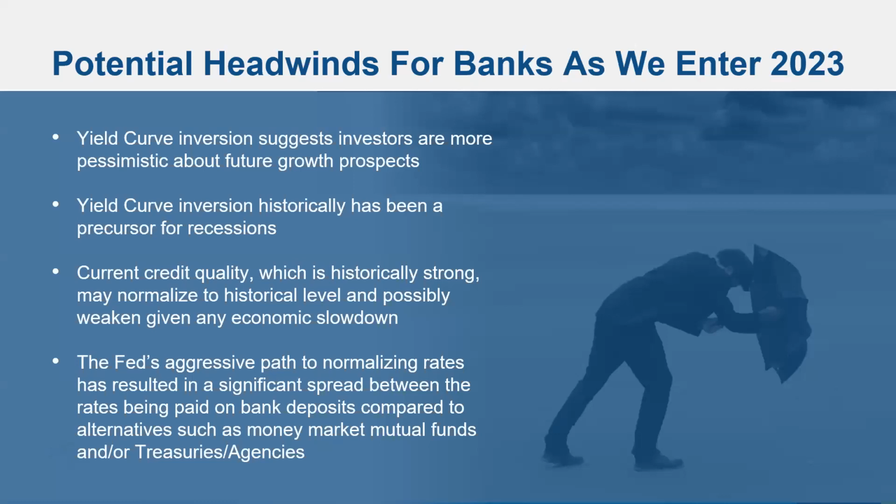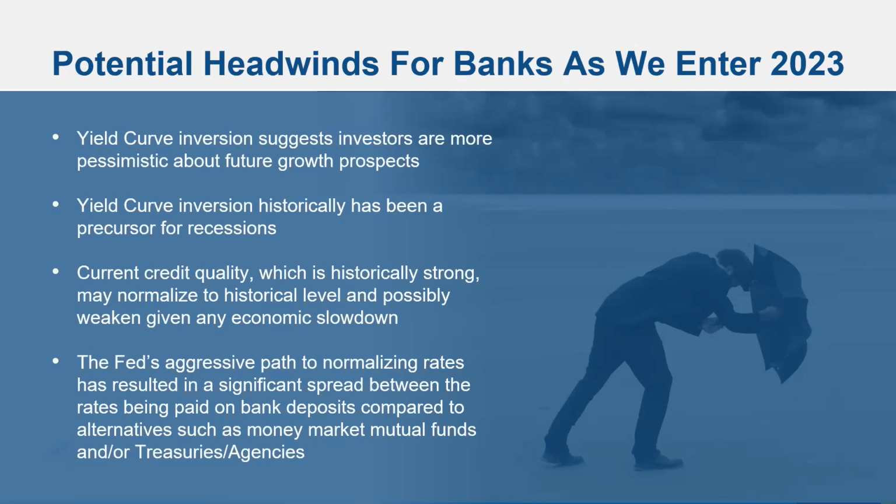This yield curve inversion suggests that investors are more pessimistic about future growth prospects. One of the results of raising interest rates, which the Fed doesn't really want to say out loud, is to slow job growth and, in some sense, create some unemployment, because the job market is really impactful in terms of running up inflation.